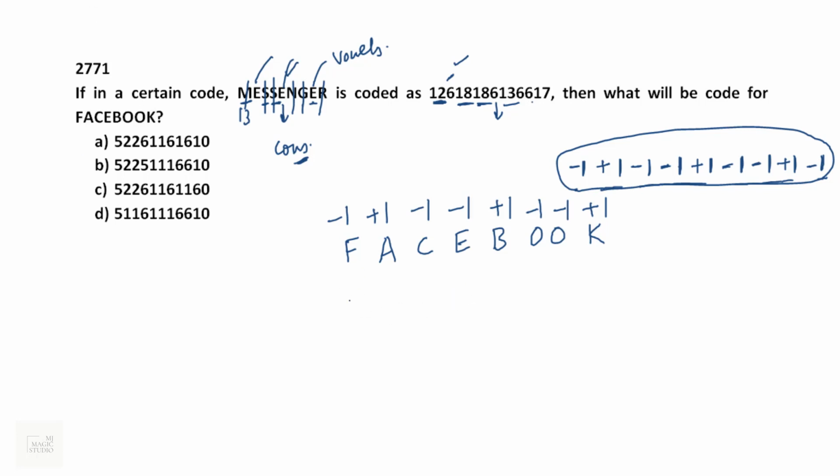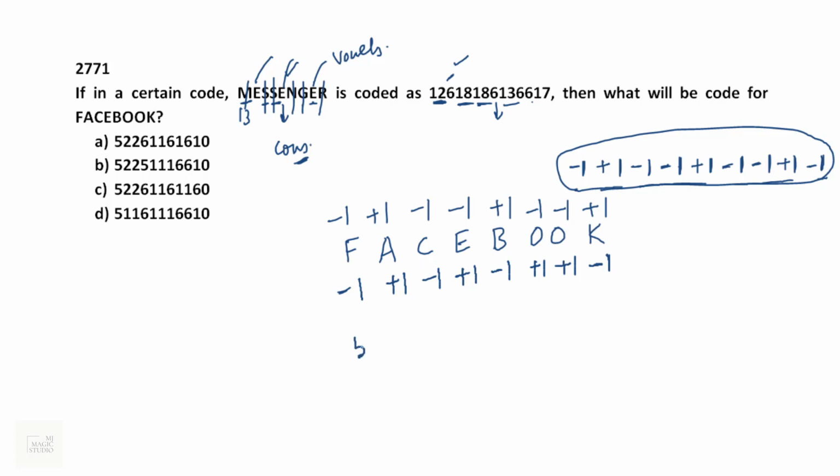In Facebook, it should be F minus 1, A plus 1, and so on. For consonants, it is minus 1, and for vowels, it is plus 1.